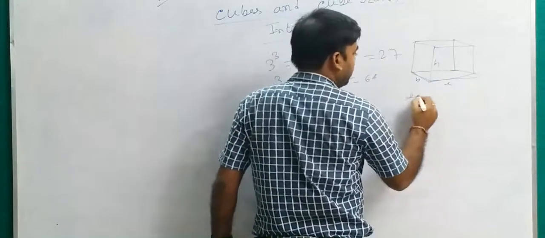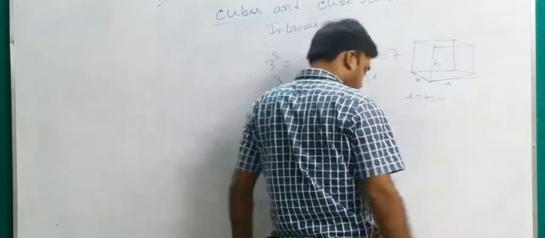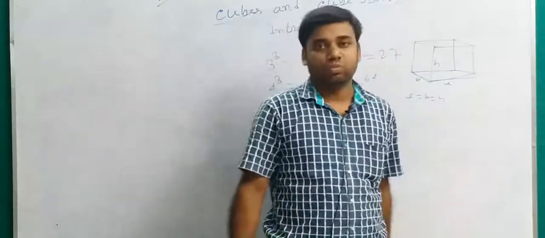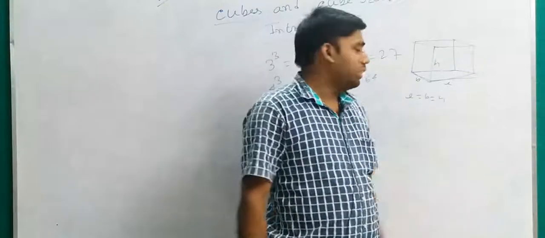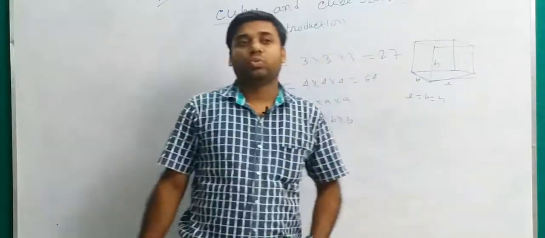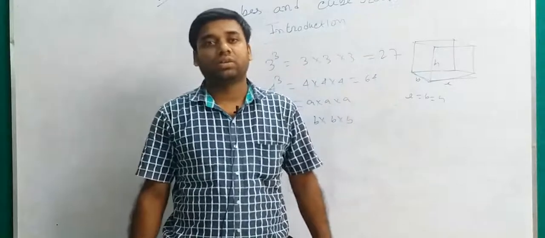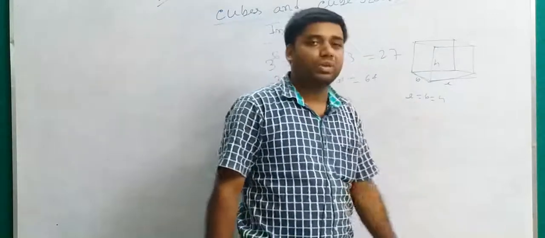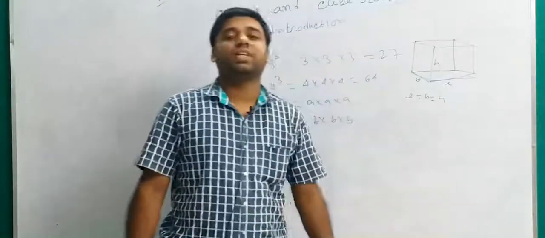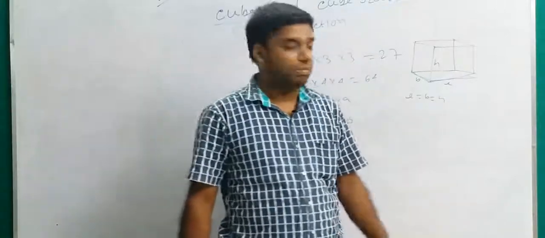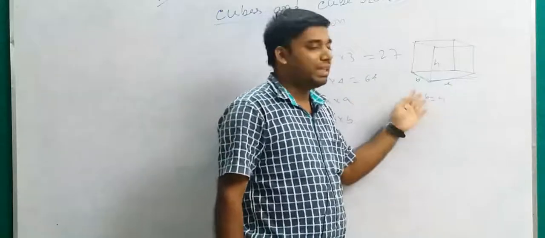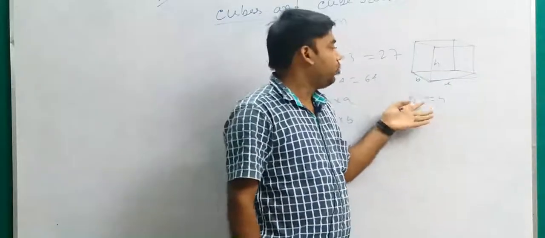If these 3 dimensions are equal, then it is called a cube. If length, breadth and height are not equal, then that type of 3-dimensional figure is called a cuboid. But here, if length, breadth and height are the same, that is called a cube. That is the concept of cube in geometry.